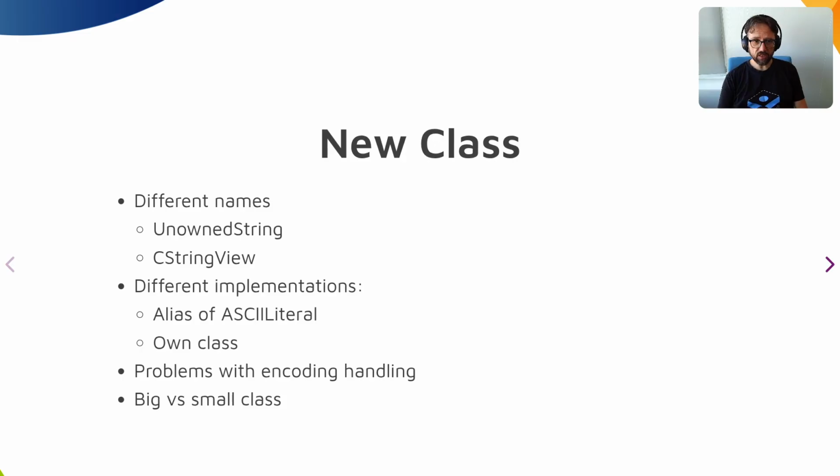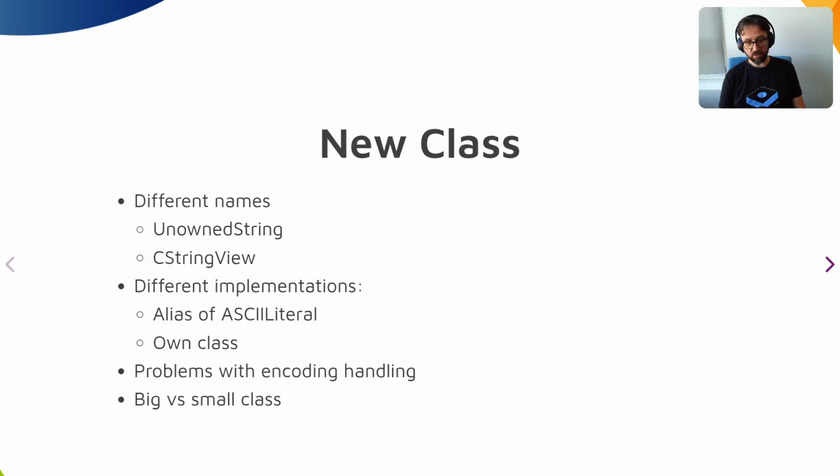So this new class had different names through the review process. One was unowned string, and the other was StringView. We made different implementations. One of them was just an alias of ASCII literal, but that presented some problems with the lifetime of the strings that it was wrapping, and also some encoding issues.